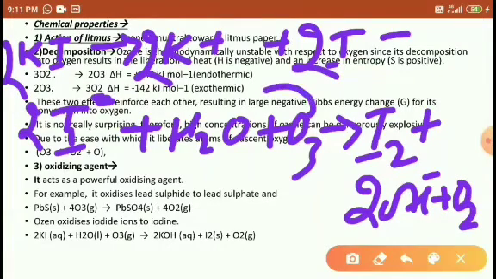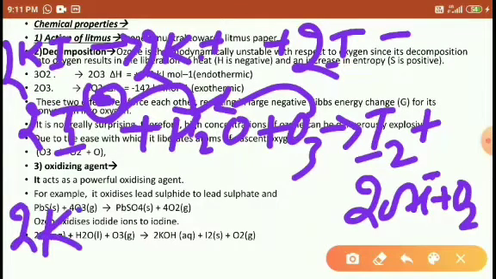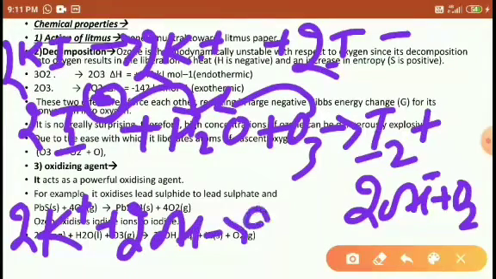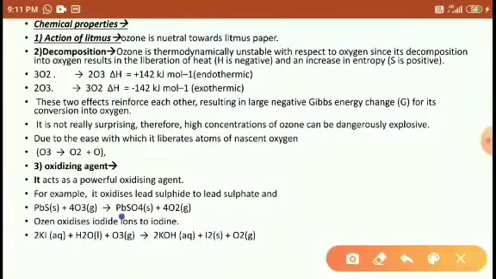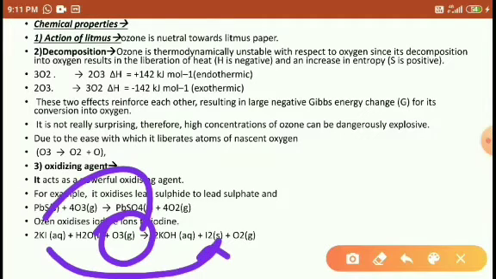One oxygen atom reacts here, and the two electrons are accepted by the hydroxyl group, that's why 2OH minus. Finally, the 2K plus react with the 2OH minus to form 2KOH. Right, students? So ozone oxidizes iodide ions to iodine molecules.